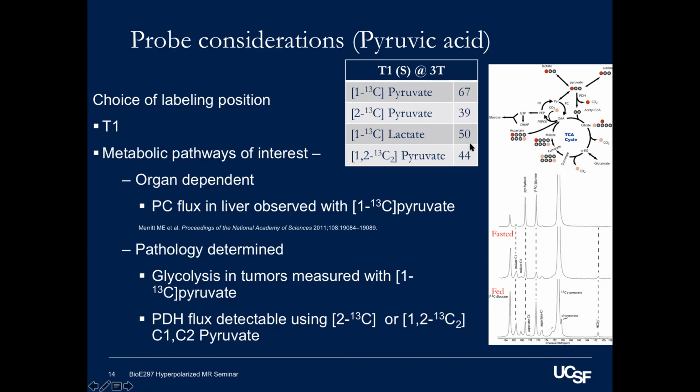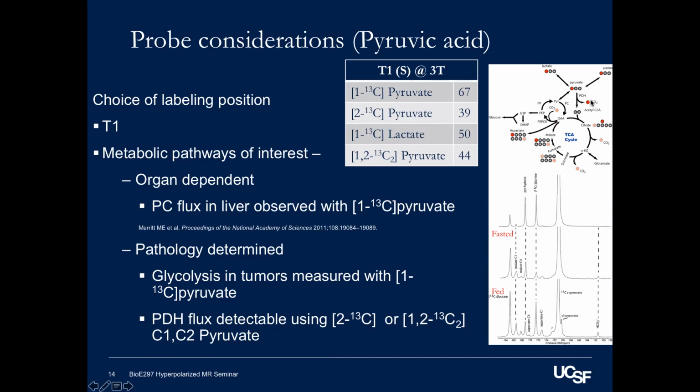I don't have a specific value for the C2, but there is a publication from last year where Celine Hadline has published for the C2, and I think it's on the order of 20 seconds. That diminishes your acquisition window to observe that signal. So if lactate is all you want, you would want to use C1 pyruvate to maximize the T1 time range over which you can acquire your data.